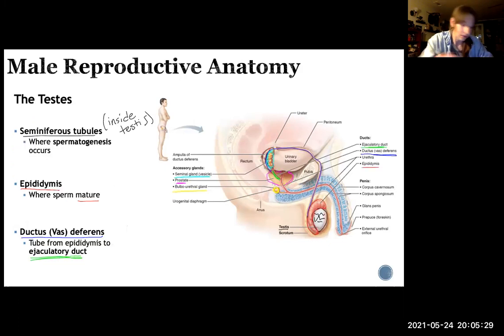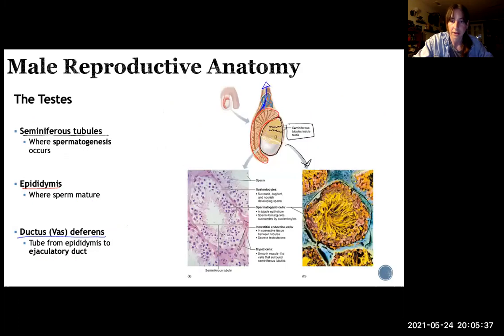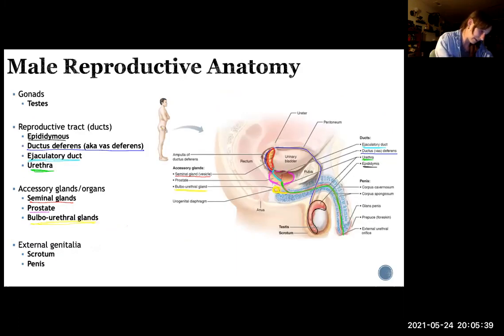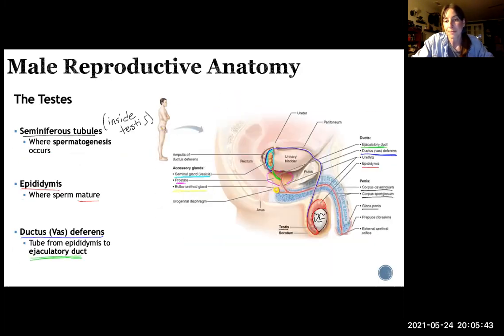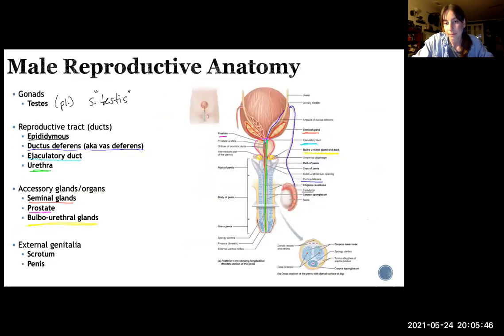I will go ahead and make sure that they are underlined. Actually, all of this stuff is. I know I've already mentioned the glans penis, but I will mention it again. Cavernosum, spongiosum.